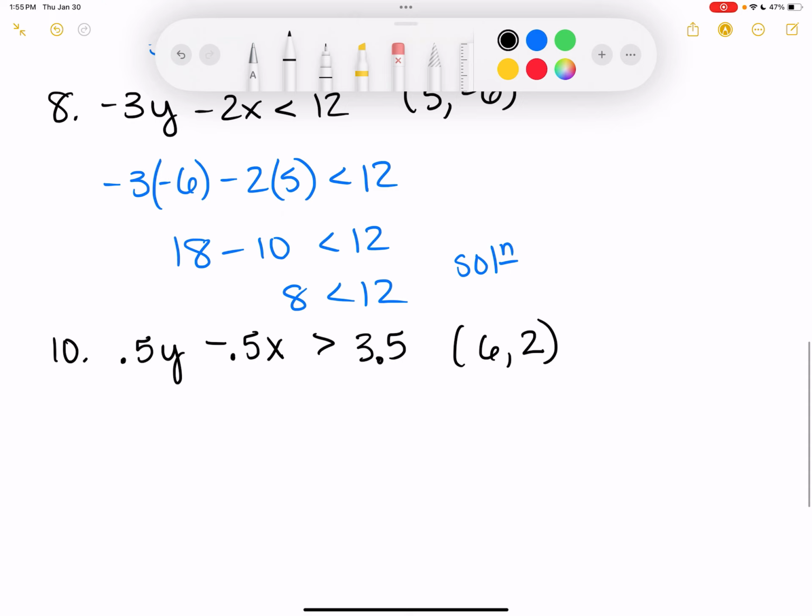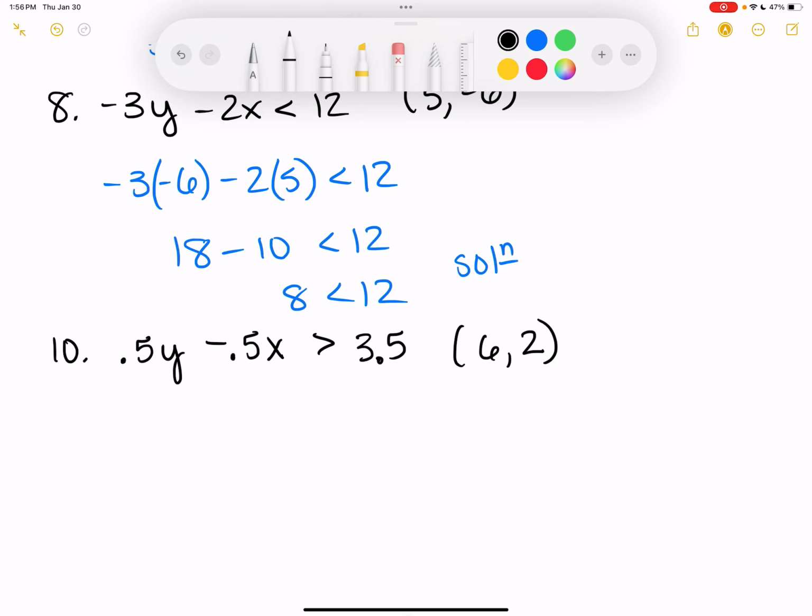Knowing that I'm plugging in whole numbers and that they happen to be even, I don't know if you like working with decimals or not, but if you wanted, we could convert these decimals into fractions and just say 1/2 times y minus 1/2 times x is greater than 3.5.